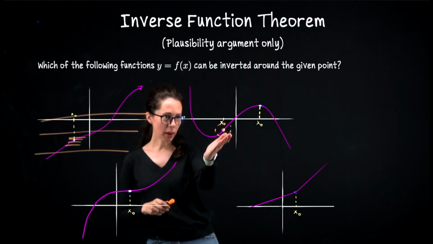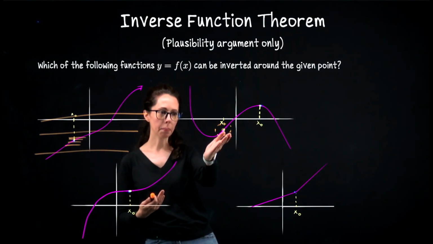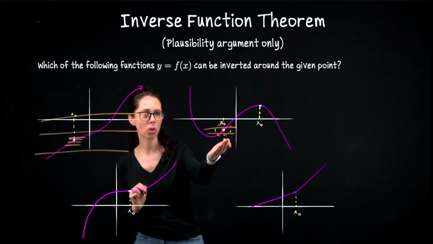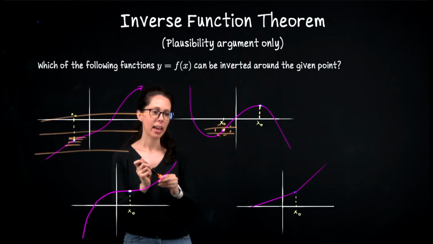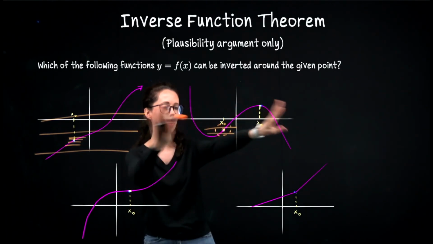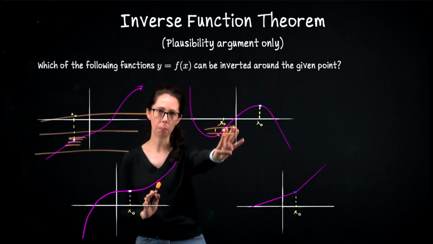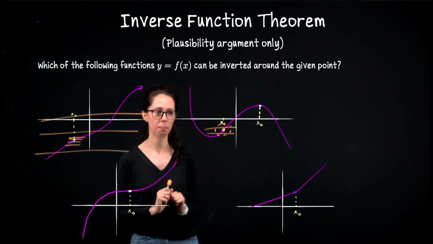If I'm just looking in some neighborhood of this point, my function does pass a local horizontal line test. And just here, if I throw away the rest of the function, it is invertible. So this is a locally invertible place on the graph of this function.